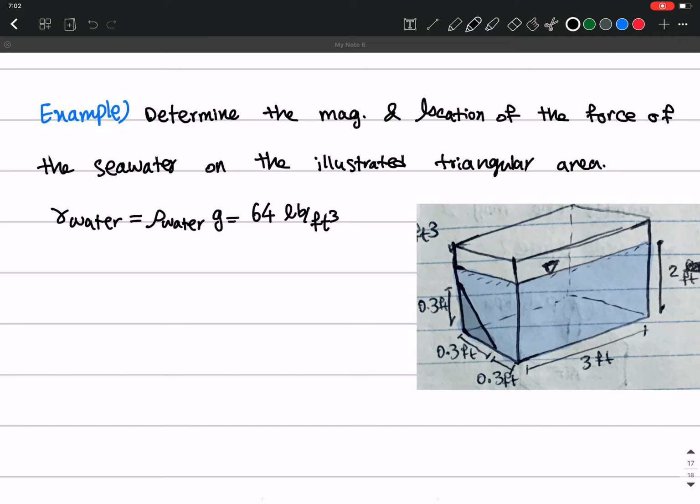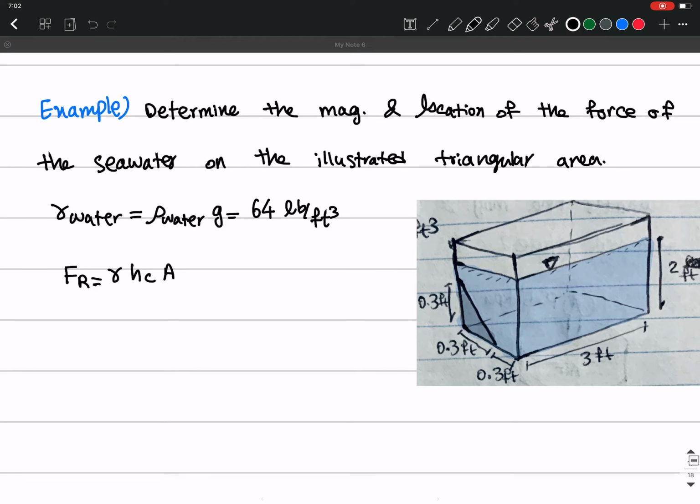So the resultant force is going to be rho g h, or gamma h_c, so gamma h_c A, okay? And so we need to find what these are, okay? h_c for a triangle, okay?